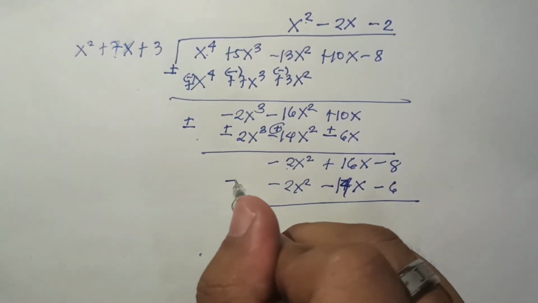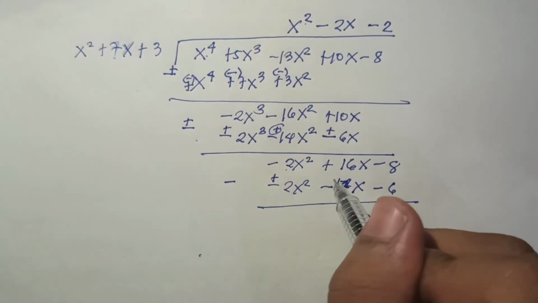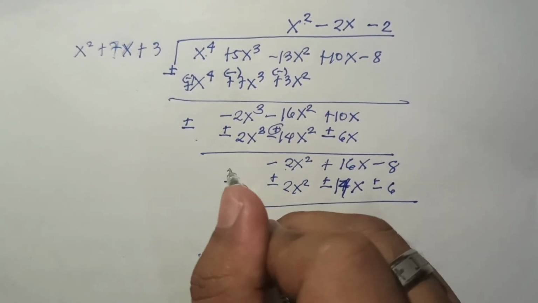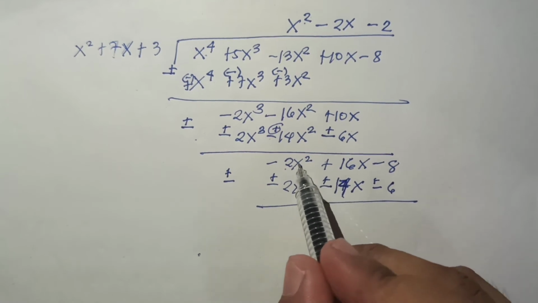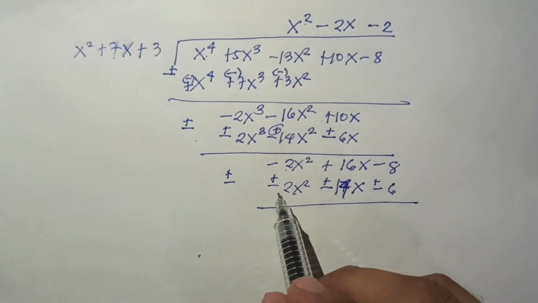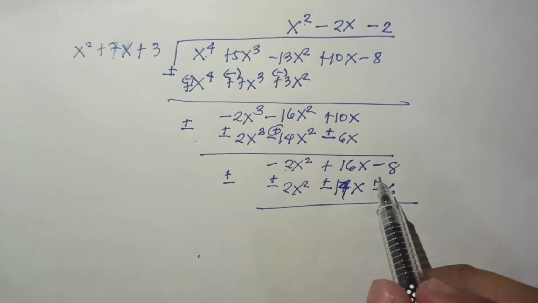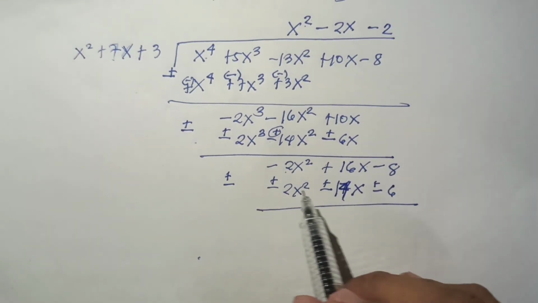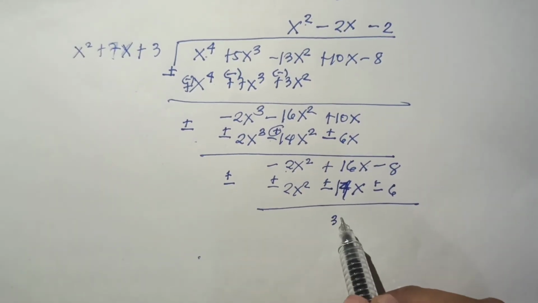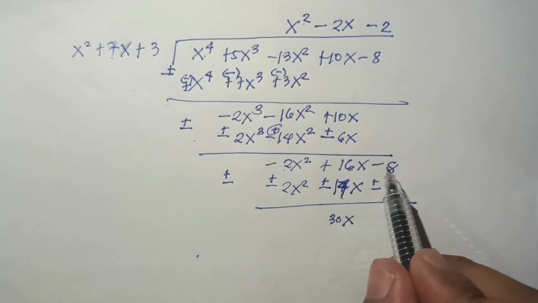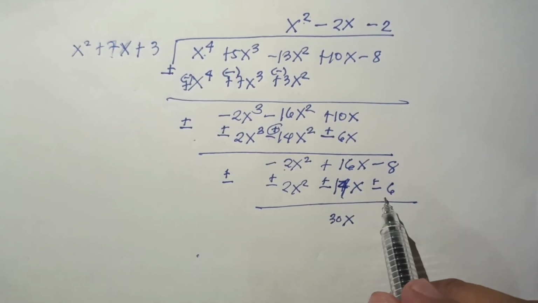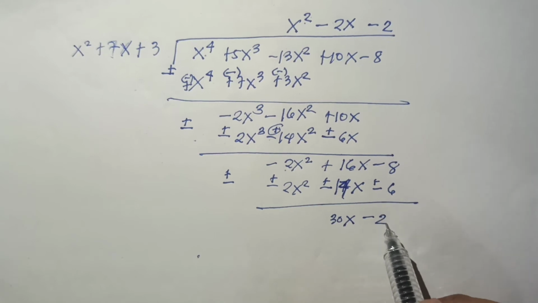You're going to subtract: change the sign of the subtrahend, then proceed to addition. So negative 2x squared plus 2x squared becomes 0. We have here 16x plus 14x, we have 30x. Negative 8 plus 6 is negative 2.